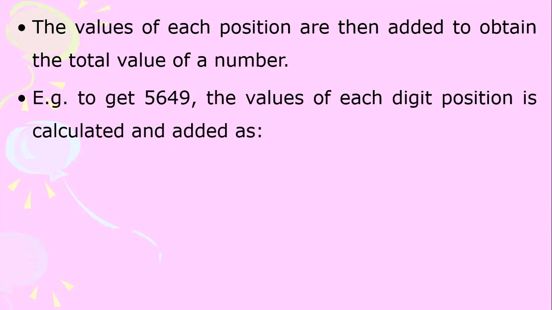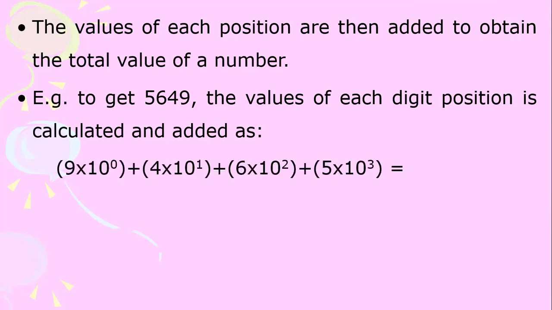For example, to get 5,649, the value of each digit position is calculated and added as follows. Remember, we are dealing with the decimal number system, DEC for 10. So how do we compute?